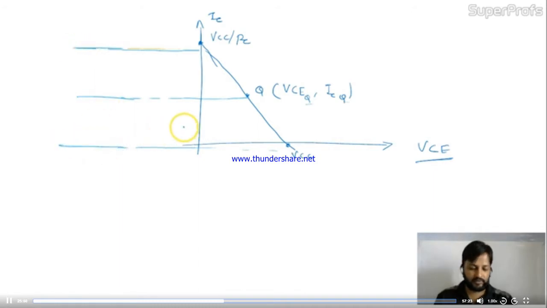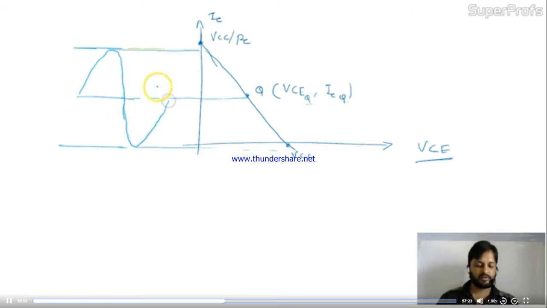Now let me draw the waveform. This is the input waveform, suppose you have given, right? This is 0, this is I max, and this I max is 2 times ICQ. Can I write like this? ICQ is the current level, this current level.